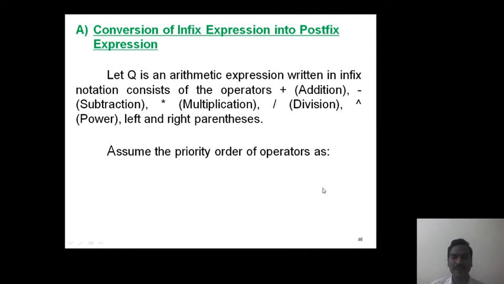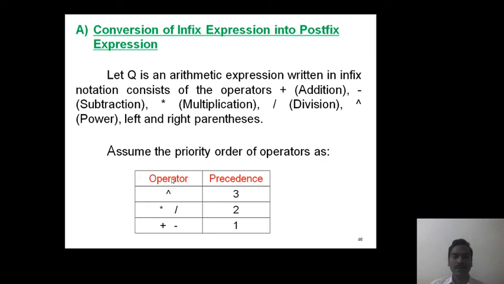Here is the precedence table. This table consists of two columns, operator and its precedence. Here cap has the highest precedence, hence its precedence is treated as 3. Multiplication and division, precedence 2. Addition and subtraction, precedence 1.